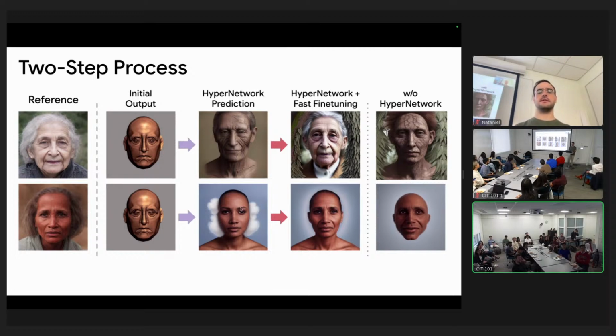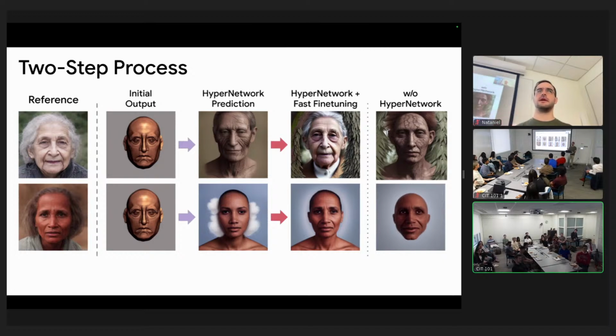But then after the fast fine tuning part that we have, which is 20 seconds, the first step takes half a second, and then this takes about 20 seconds, at about 30 to 60 iterations, depending on your model. By the way, DreamBooth is on the order of 500 to 1,000 iterations or more.